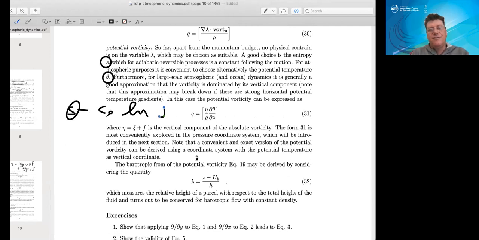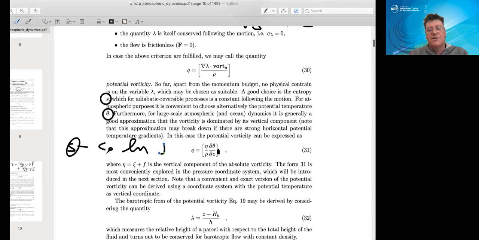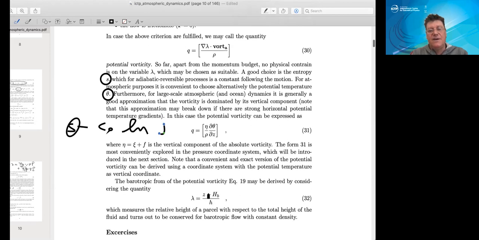And just for consistency, it's also possible then from this generic conservation law to derive the barotropic vorticity equation, by identifying lambda to be just the relative height of a parcel within the system.